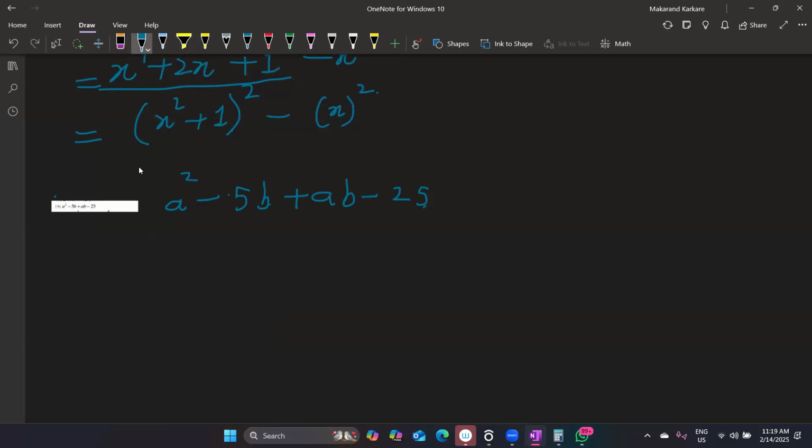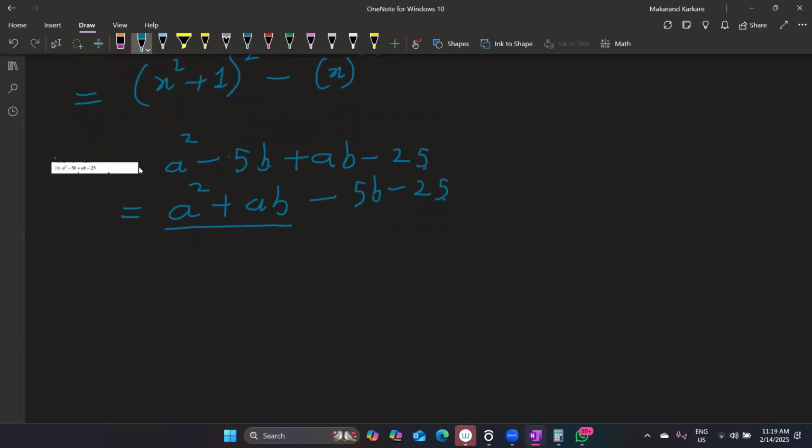Okay. So what if I just rearrange these terms? A square plus ab minus 5b minus 25. Hmm. Actually, if I do that, from these two, what is common? A. Can I take a common? Yes.